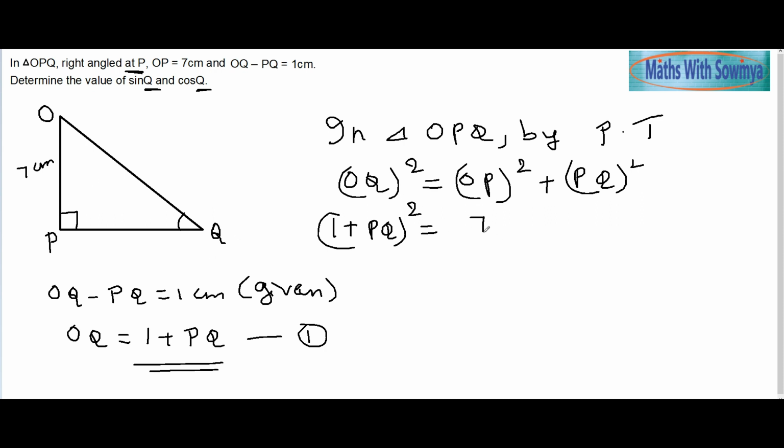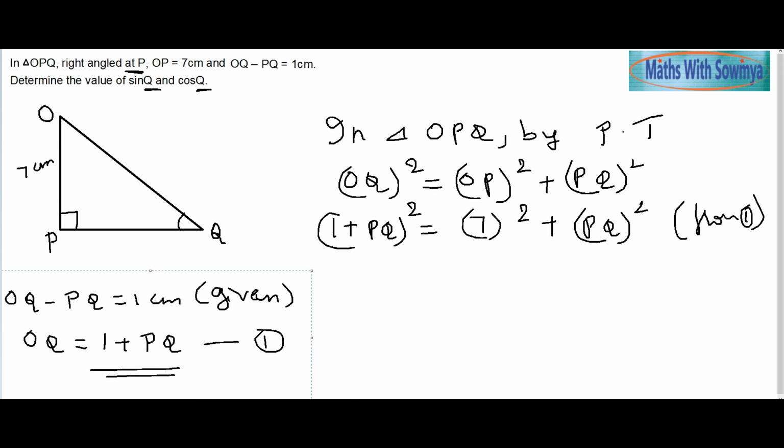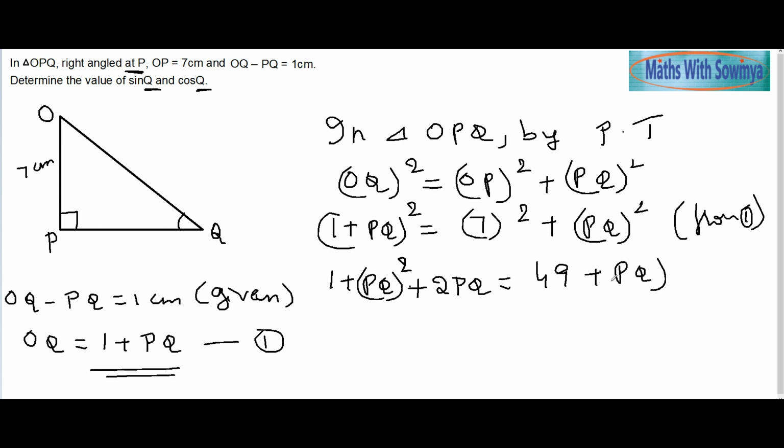OP we know the value, and this is PQ square as it is. Now the a plus b whole square formula can be applied here. So this is a square plus b square plus 2ab.